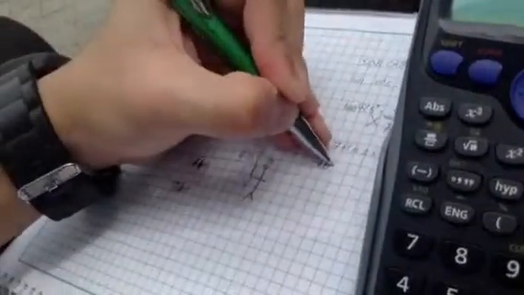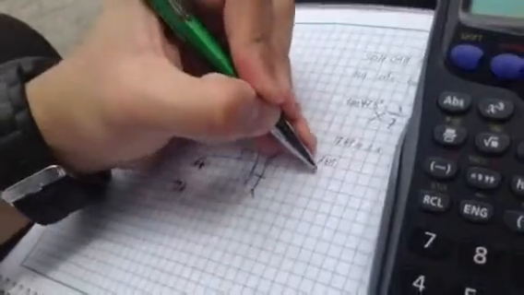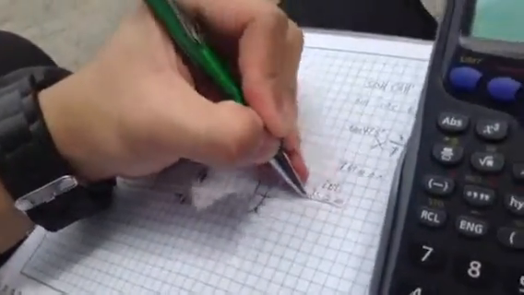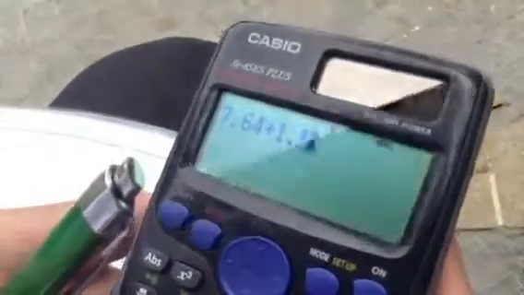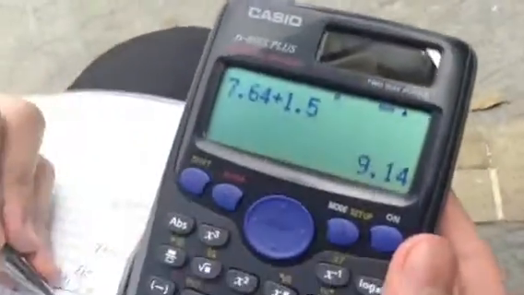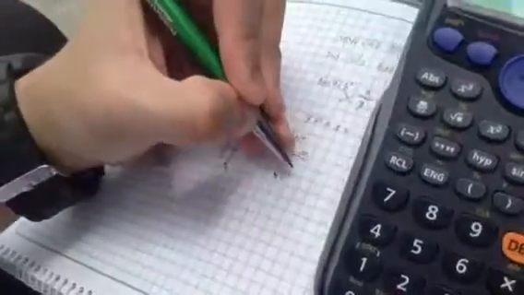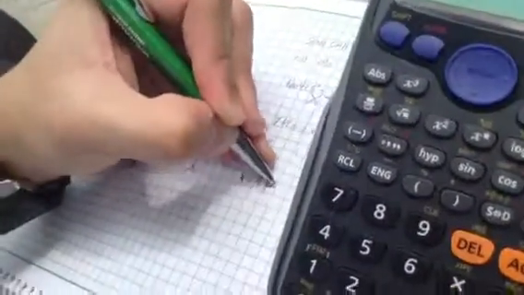Once you have that, all you have to do is add 7.64 to 1.5 meters. Plus 1.5, you would get approximately 9.14 meters. Therefore, that is the approximate height of our canteen building.